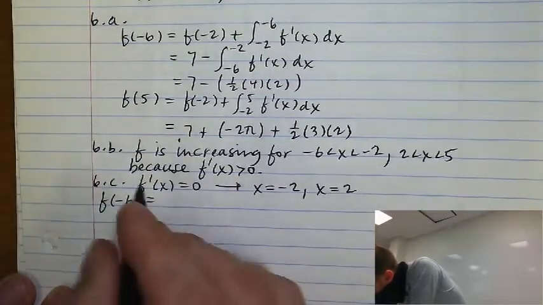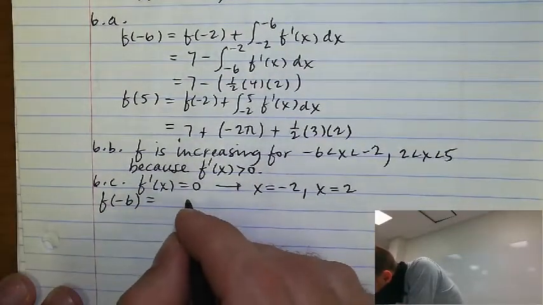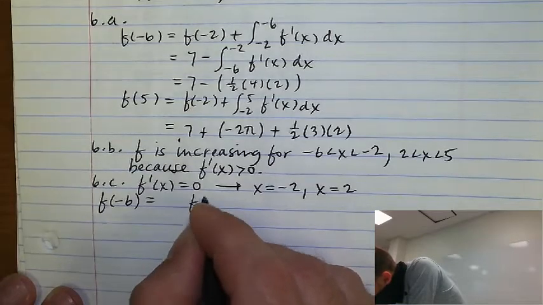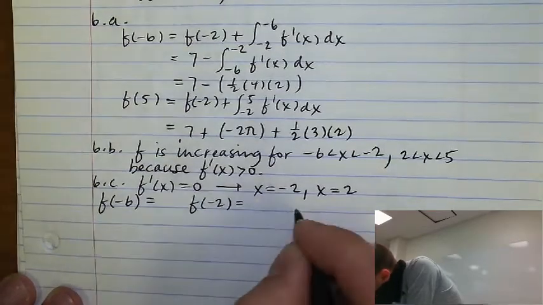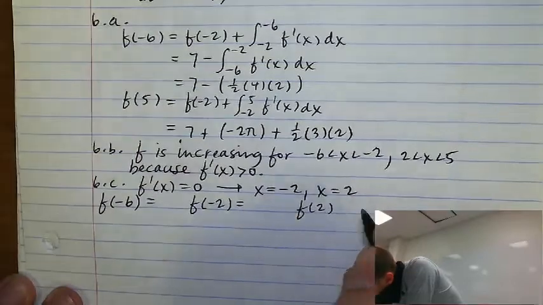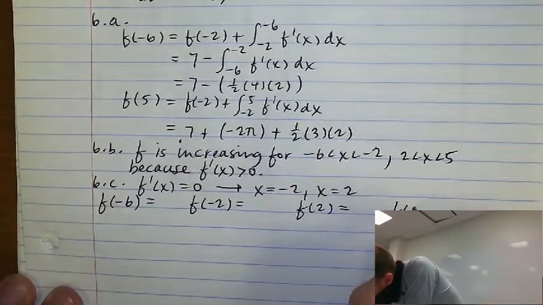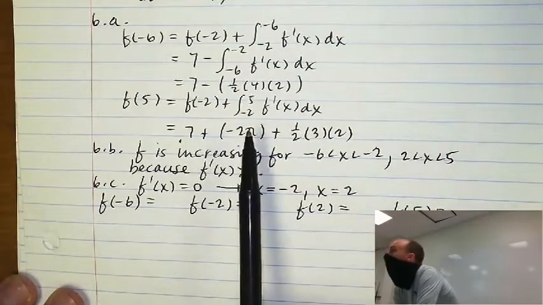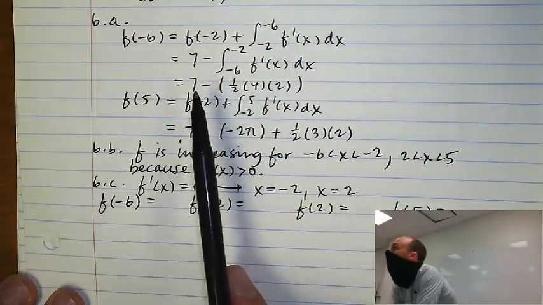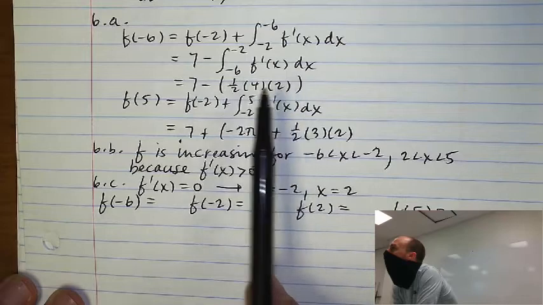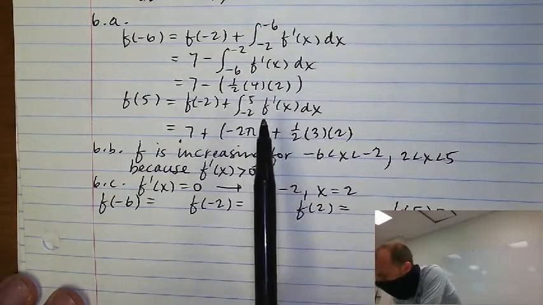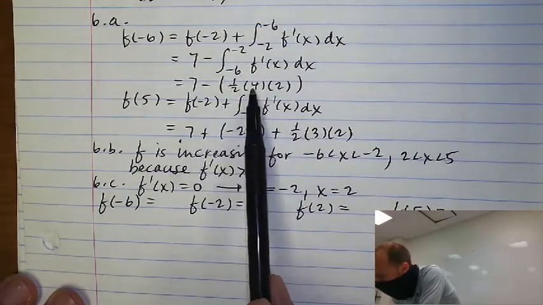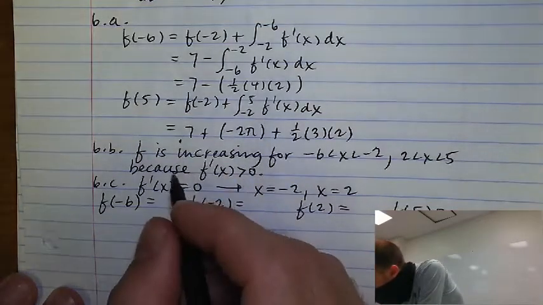I already have that. I'm going to also be interested in f of -2. I'll be interested in f of 2, and I'll be interested in f of 5. But I've already got half of these, right? Just need to go back up here and say f of -6 is 7 minus 4, which is 3. Wait, is that it? 1/2 times 4 times 7 minus 4 is 3, yeah.